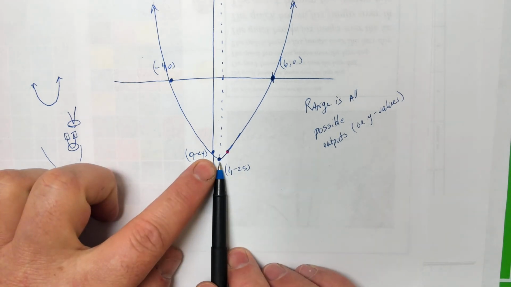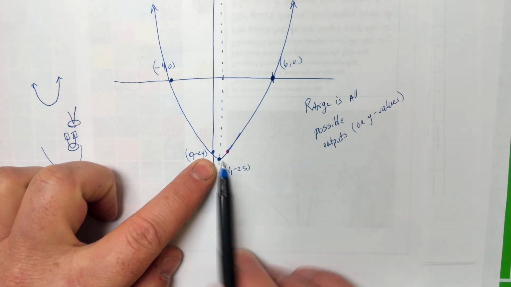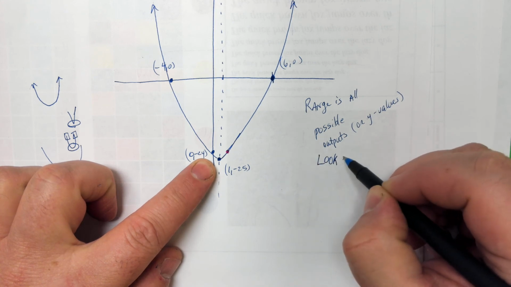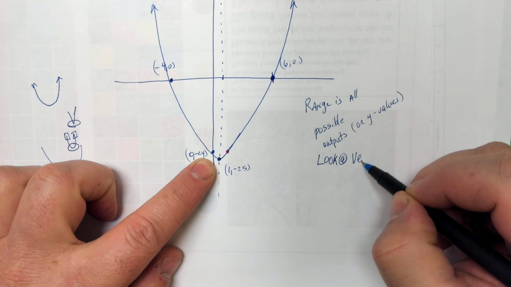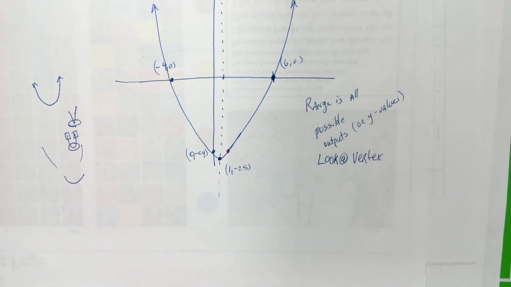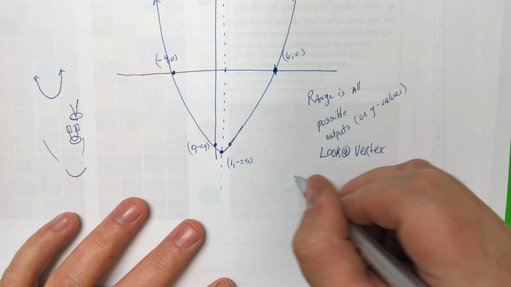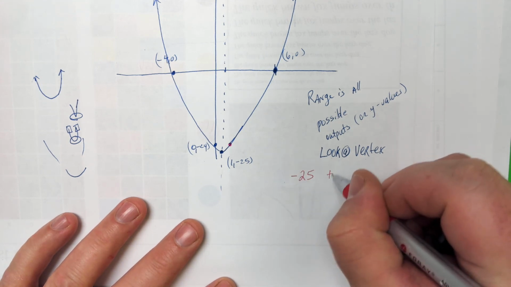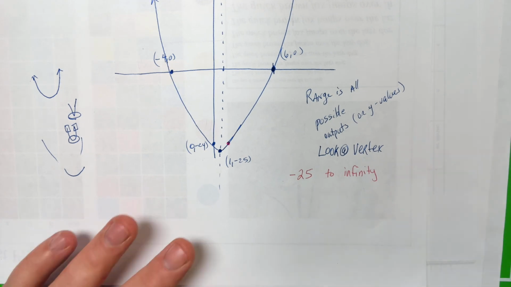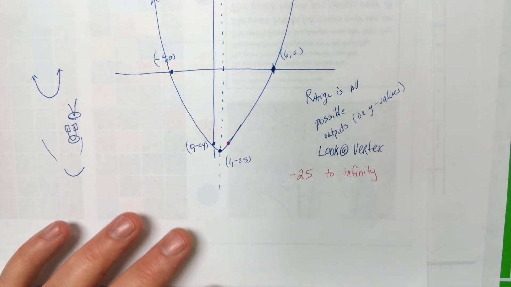The vertex has a lot to do with the range. So to answer for the range, you're going to look at the vertex, because that's either the smallest number or it's the biggest number. So the range is from negative 25 to positive infinity. We're just going to write our answer just like that for right now.